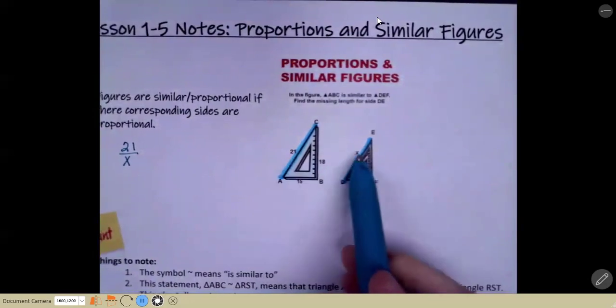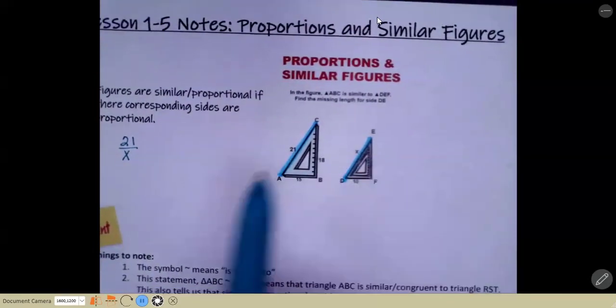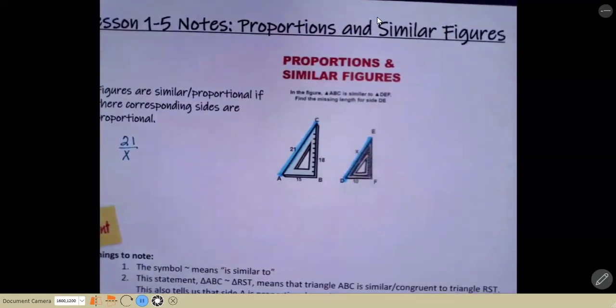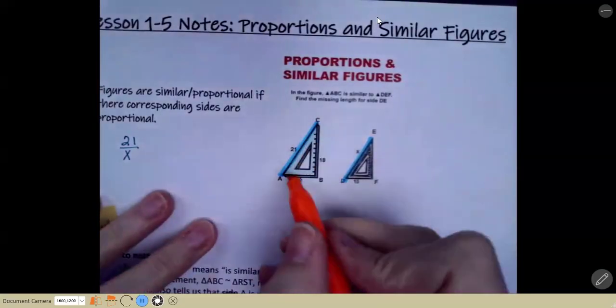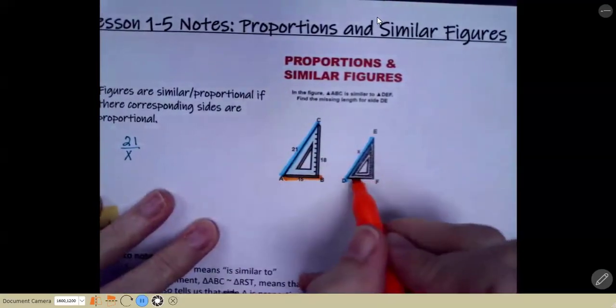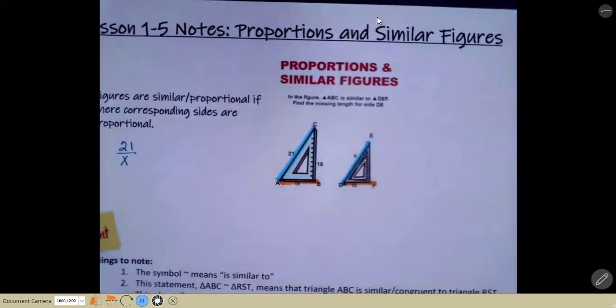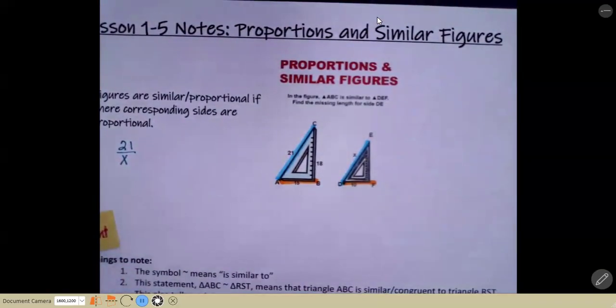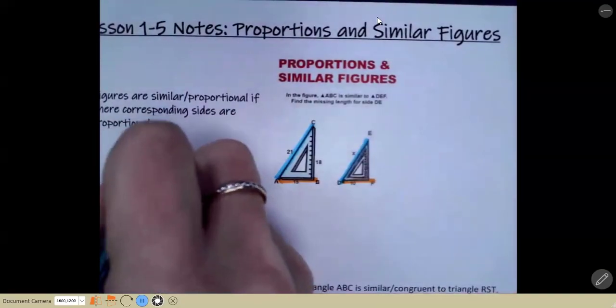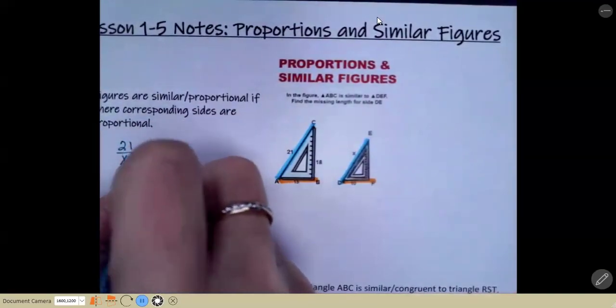Because these sides are proportional. Then I have AB and DF, which are proportional. So I would set this up equal to 15 over 10.